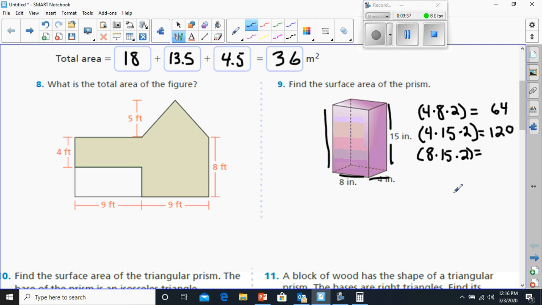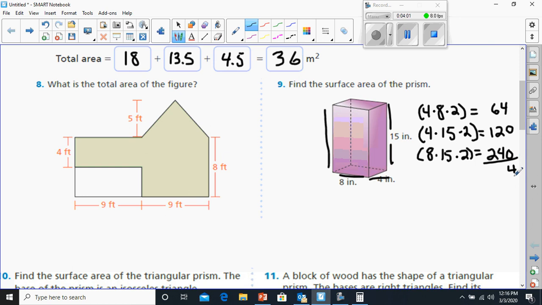Now here's the hard one. We got 15 times 8. If 4 times 15 was 60, then 8 times 15 would have to be 120. And 120 times 2 would be 240. And now we can add these together.